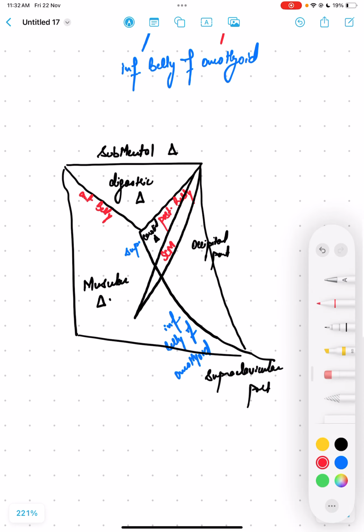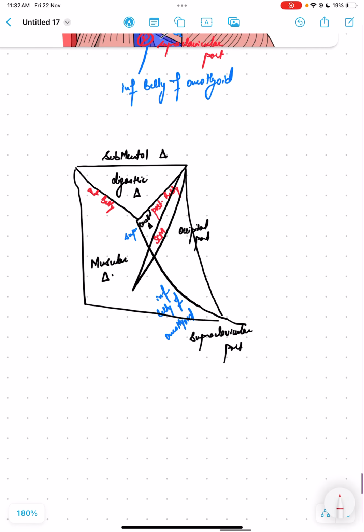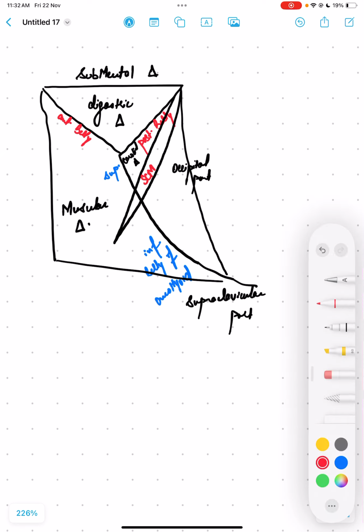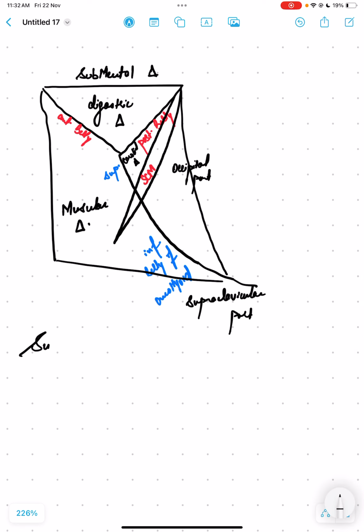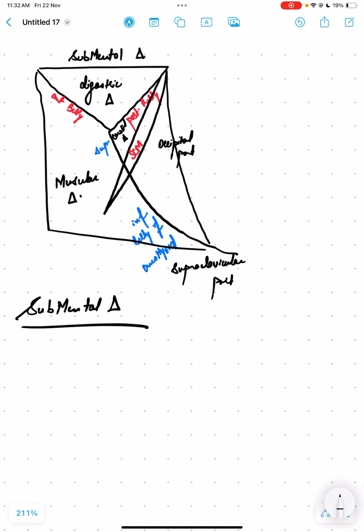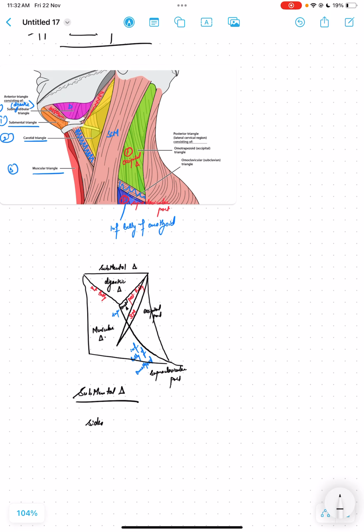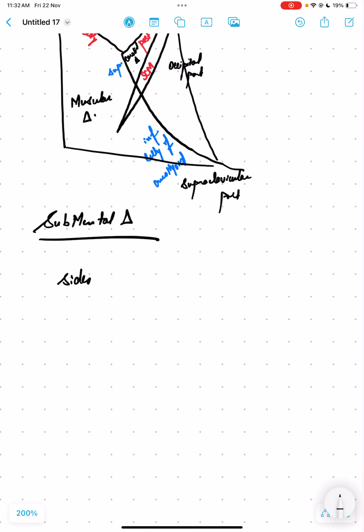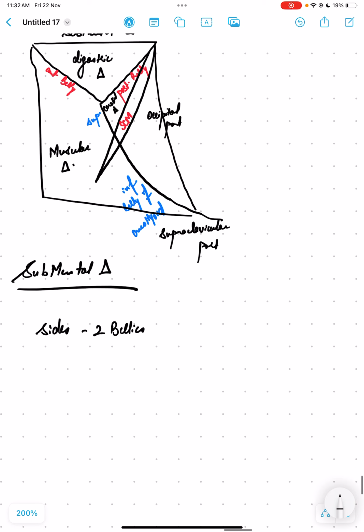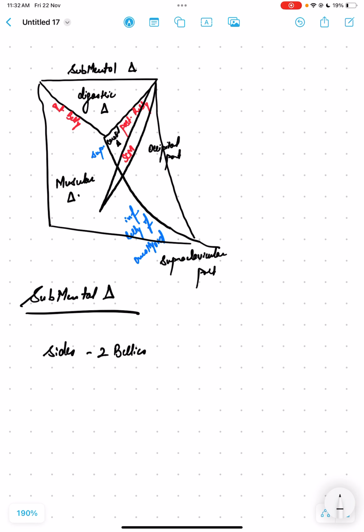So first of all we will begin with our submental triangle. On the sides of the submental triangle we have two bellies, the anterior and the posterior belly of digastric. The base is formed with the help of the hyoid bone.